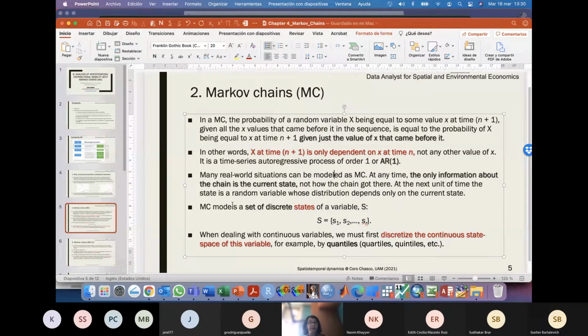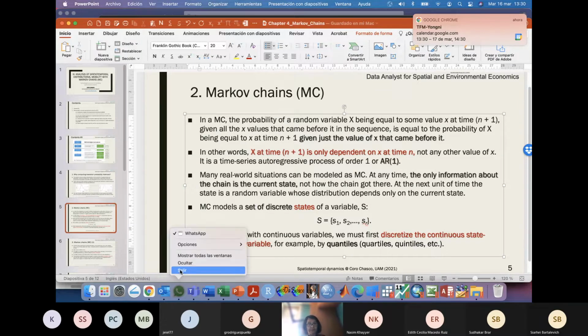So, well, the Markov models consist of a set of discrete states. As I said, these states could be discrete states.